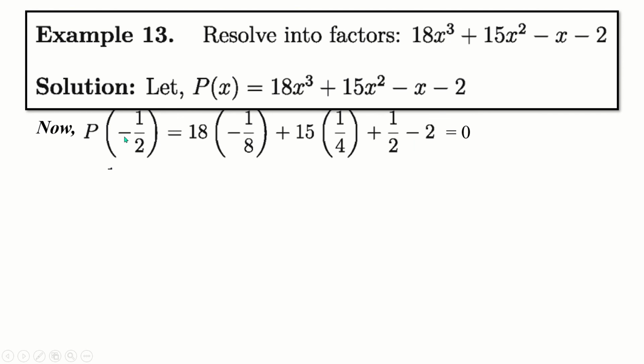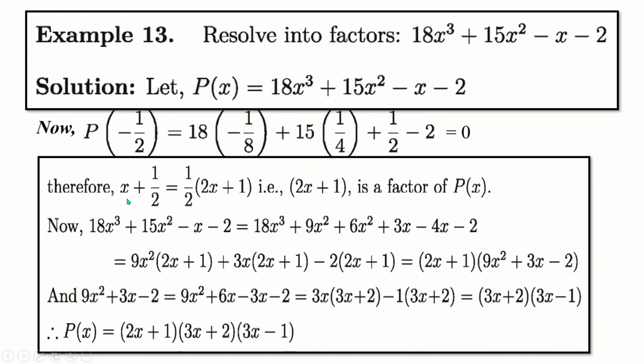As P of minus half equals 0, so x plus half, or 2x plus 1, will be a factor of this polynomial. That means follow here: since here is minus, here will be plus. If here is plus, here will be minus.